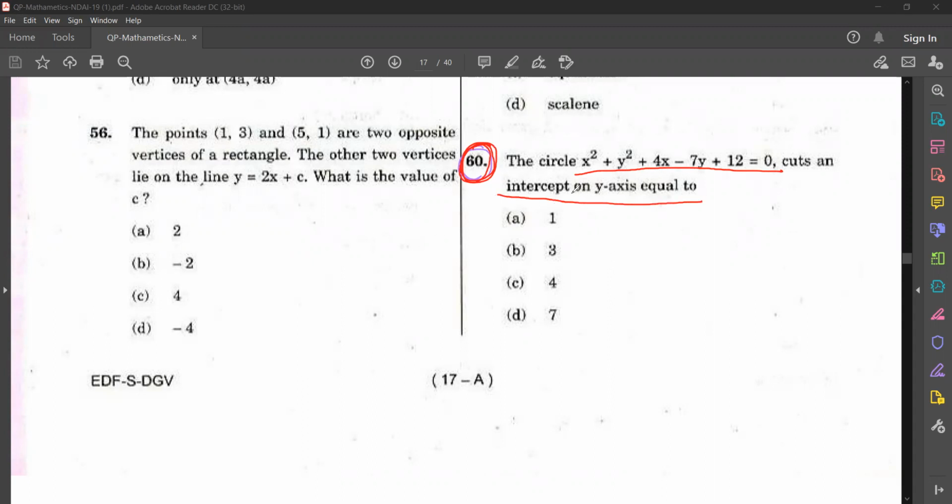There is a circle and that circle cuts the y-axis at some points. You have to find that intercept. Options are 1, 3, 4, 7. Try yourself. Once you get the answer, just comment it. I'll give you 1 minute for doing this.